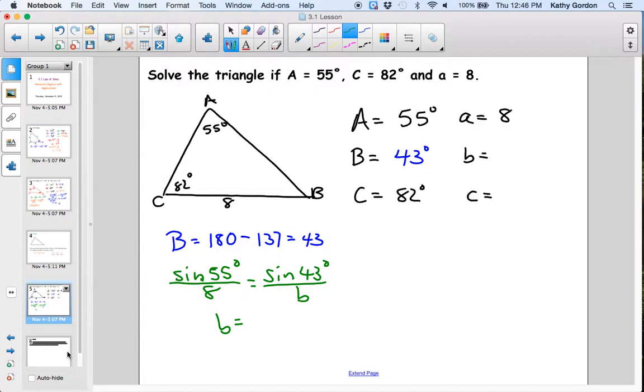I think mine is, wait, it's not 9.6, 9.7. 9.7? 6.7. 6.7. I got 6.7. 6.7? Yeah, 6.7. I got 6.7.